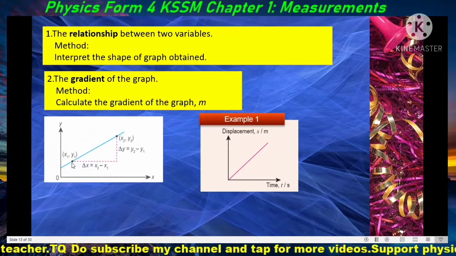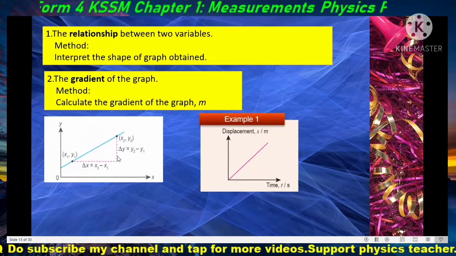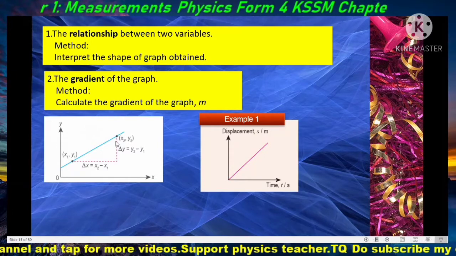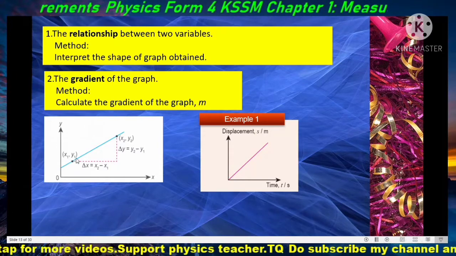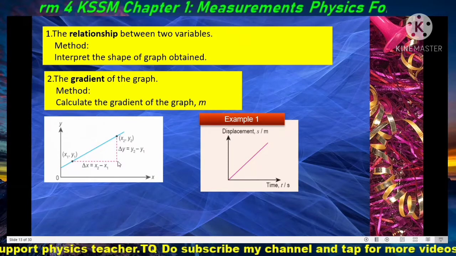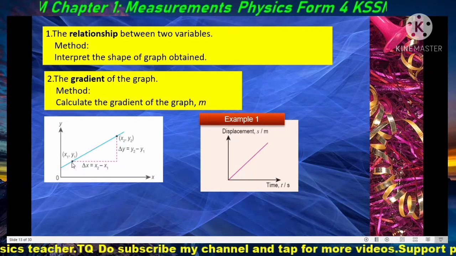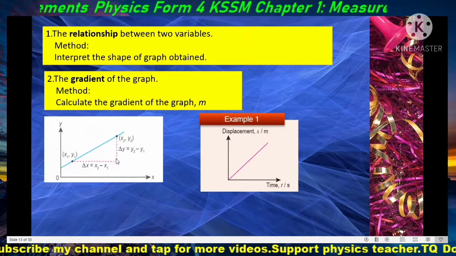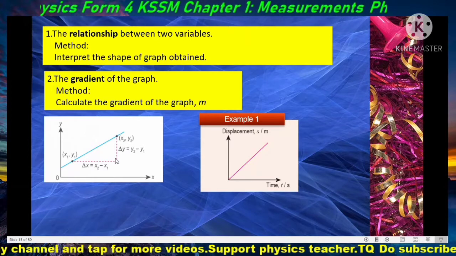In physics, in order to determine the gradient of a straight line graph, the first step is to choose 2 points on the line, and then draw a triangle below the line from those 2 points. The triangle that you draw must be large enough.